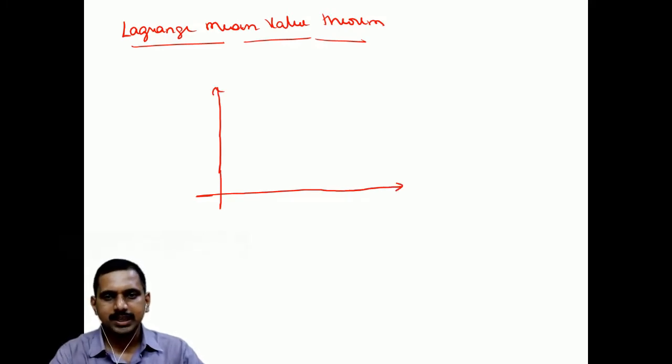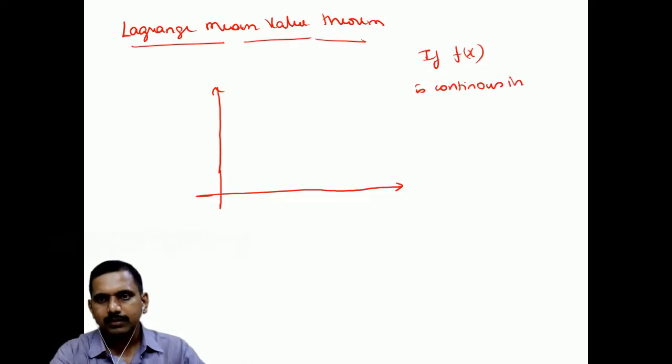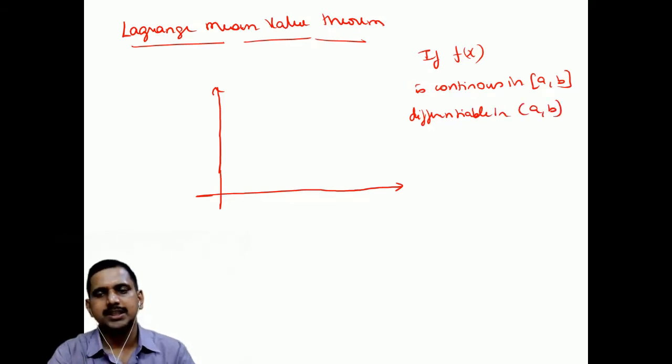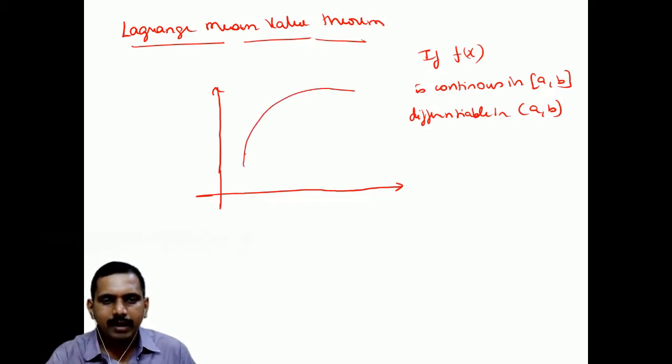Now, what it says is if f of x is continuous in the closed interval a b, and differentiable in the open interval a b. It doesn't say f of a is equal to f of b, so the function can be anything. I have two points, a and b, over which it is continuous as well as differentiable.